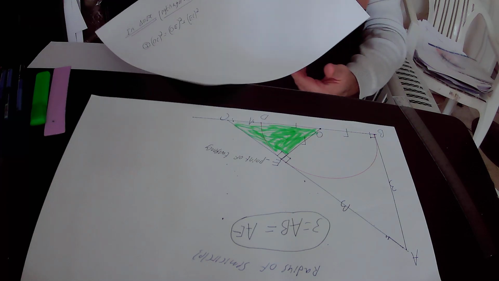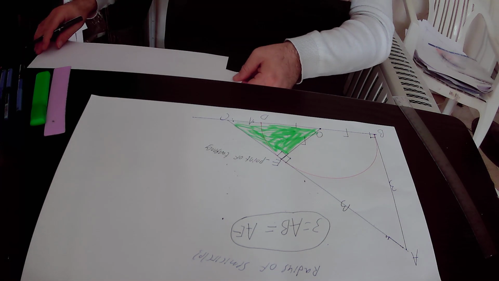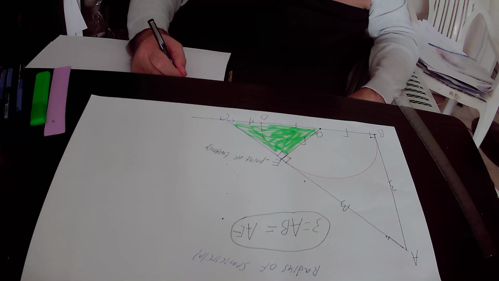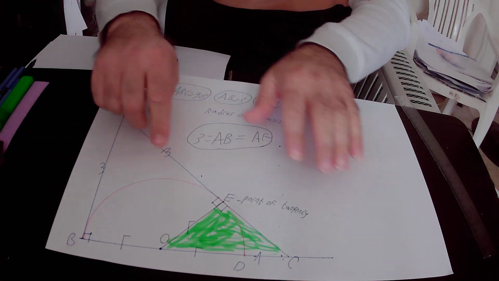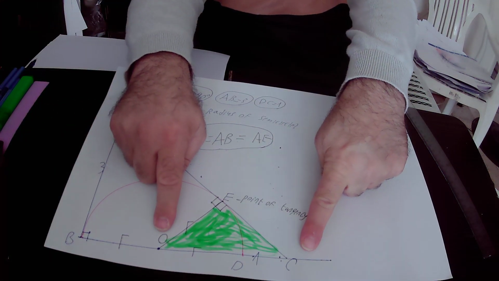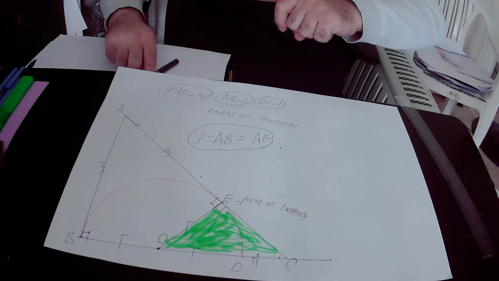But what is the value of OC? As you can see from the drawing, the value of OC is actually equal to R plus 1.